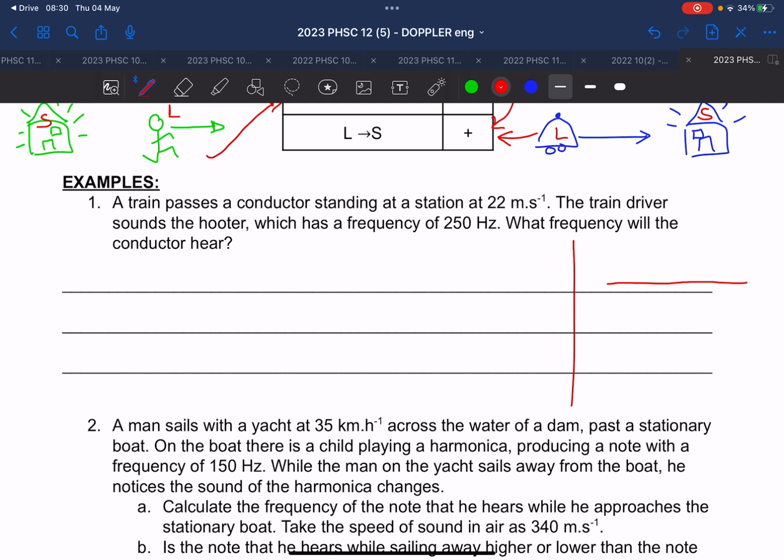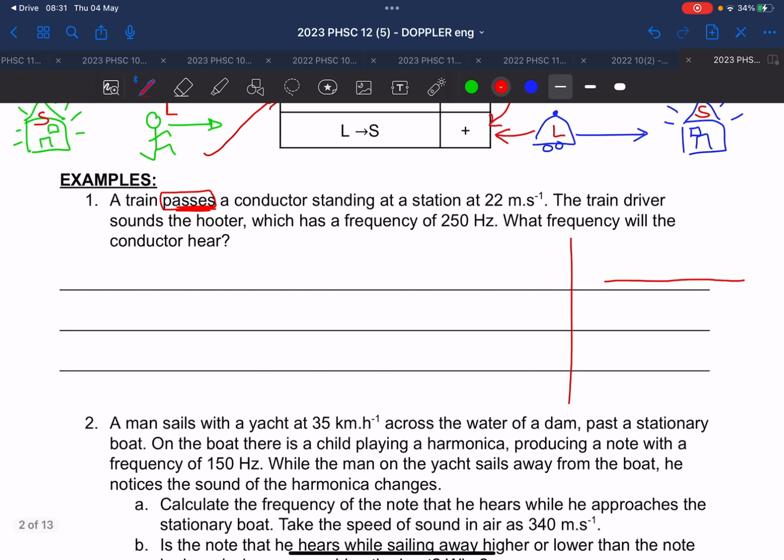I think I wanted to change the wording there. So the train passes. That's the key word there. So let's say there's my train, and I need to know how to draw this.